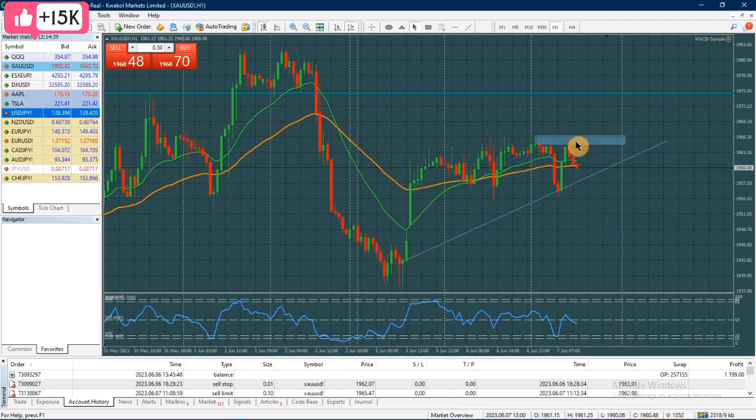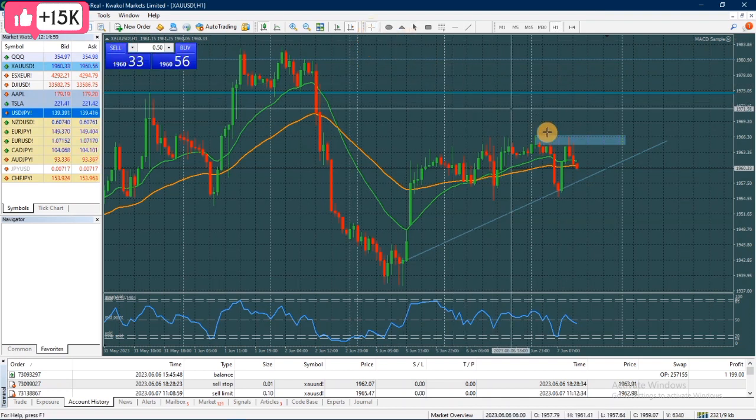Immediately I get a breakout out of this resistance zone, I will take a buy entry, and here, as you can see, will be my target, or this previous resistance area will be my target.